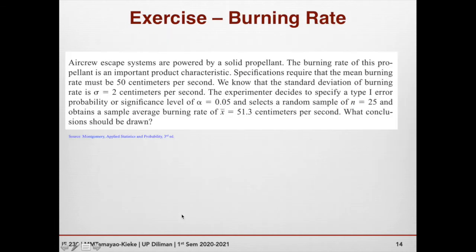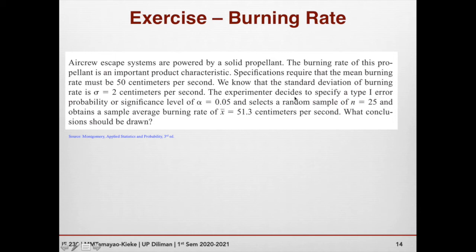So now what I want you to do is a little exercise on this example, burning rate. Aircrew escape systems are powered by a solid propellant. The burning rate of this propellant is an important product characteristic. Specifications require that the mean burning rate must be 50 centimeters per second. We know that the standard deviation of burning rate is sigma equals 2 centimeters per second.